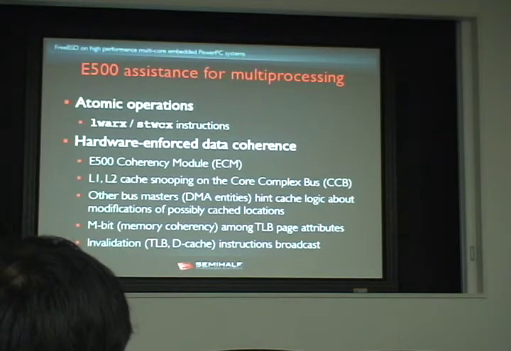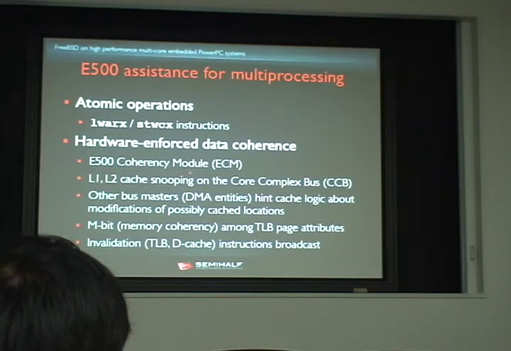There's also a number of mechanisms provided by the hardware to increase or enforce even data coherence between those two CPUs, their caches and main memory, and also between other external DMA masters that can do operations on the bus.